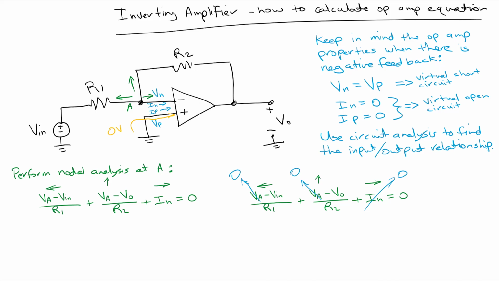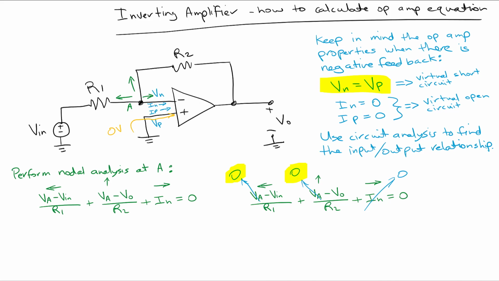Because we have virtual short circuit, VP is equal to Vn. So then, Vp defines the voltage at Vn, and that's 0 volts. So Va is Vn, and so we get 0 volts for Va.